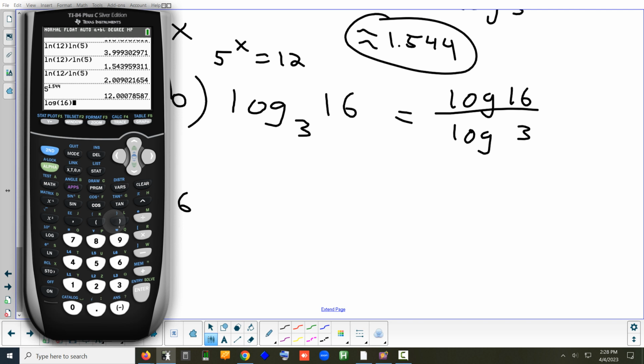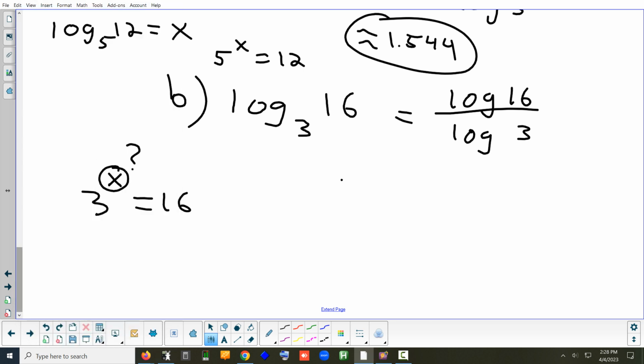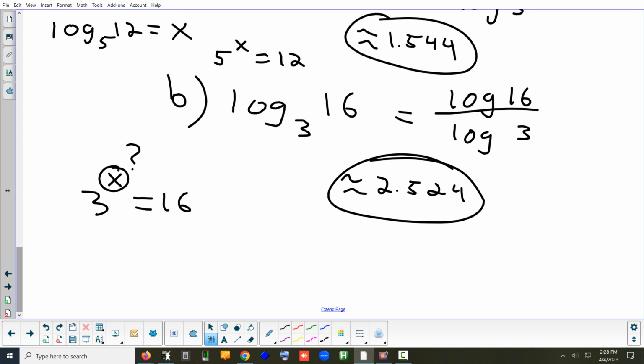Log 16 divided by log 3. Perfect. 2.524. Okay, and then remember what you really just did. You just found an exponent. Because logarithms always give you exponents as an answer. So that's called the change of base form.